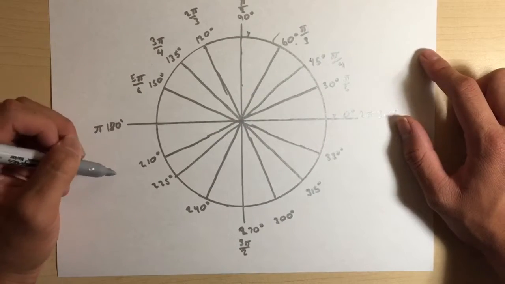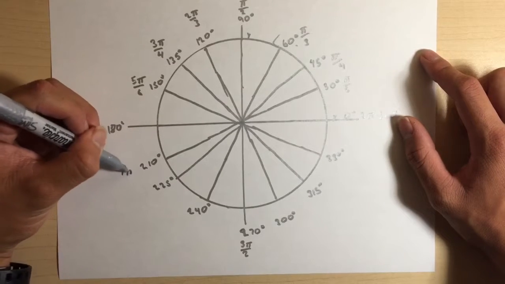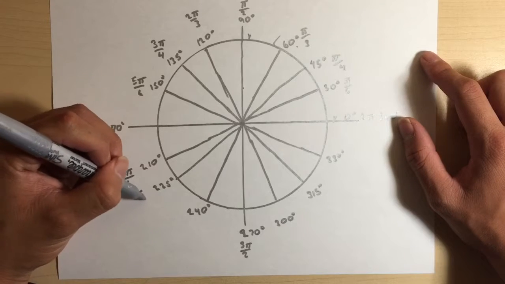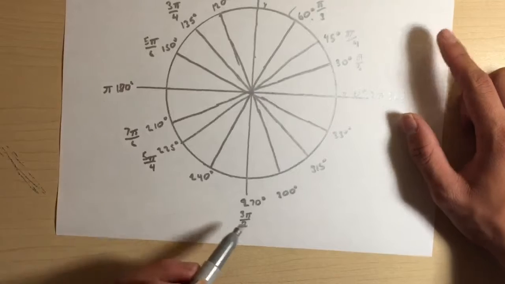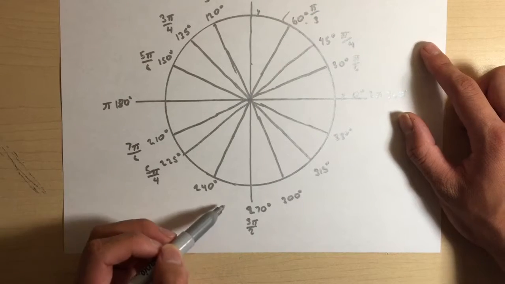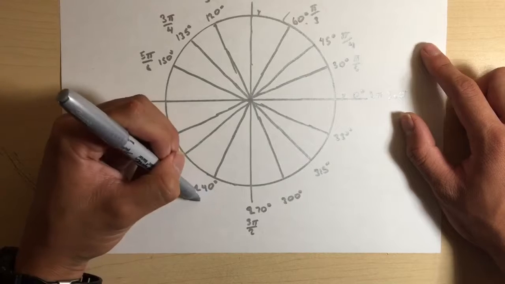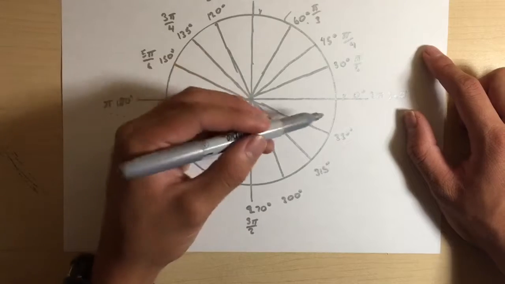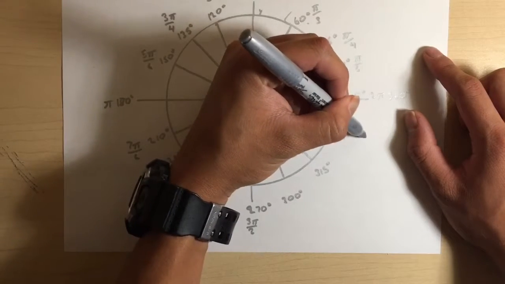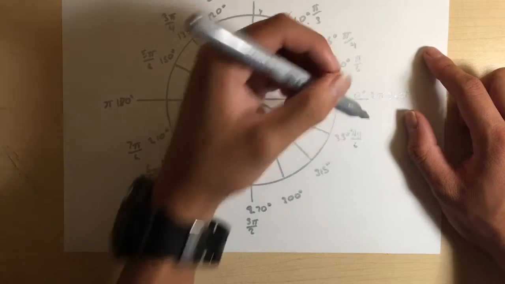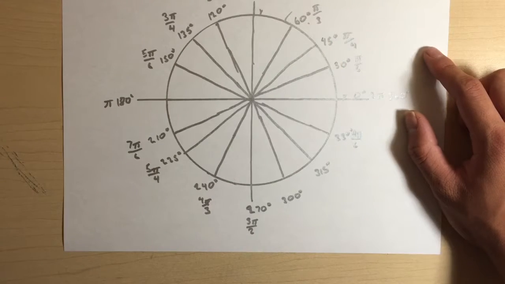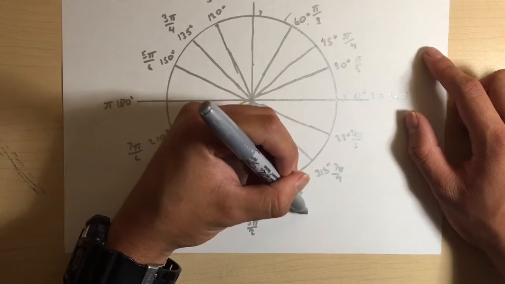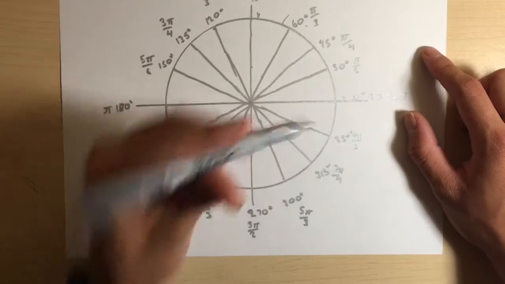From here we could do pi plus pi over 6 equals 7 pi over 6. Pi plus pi over 4 equals 5 pi over 4. And then 3 pi over 2 minus pi over 6 equals 4 pi over 3. And then 11 pi over 6, 7 pi over 4, and 5 pi over 3.